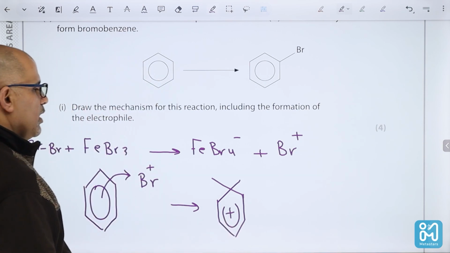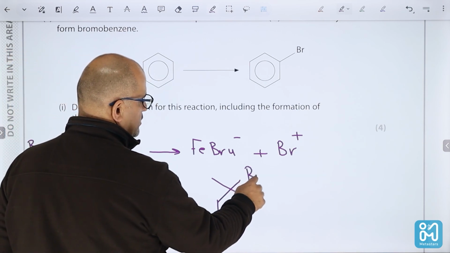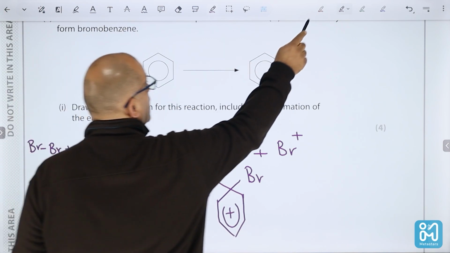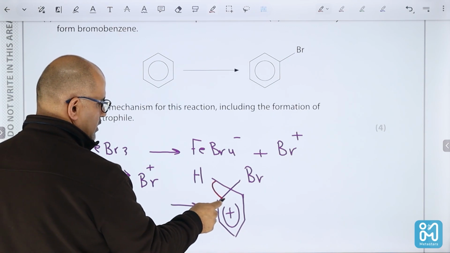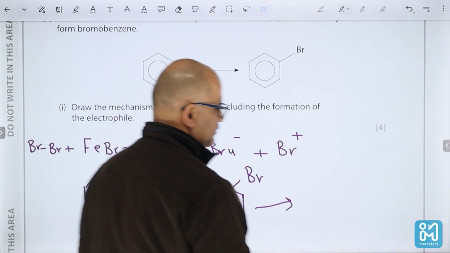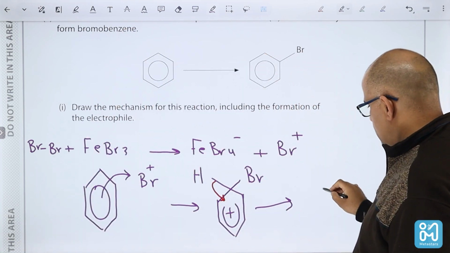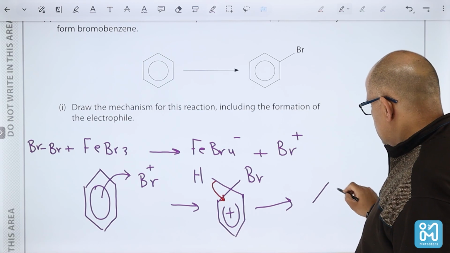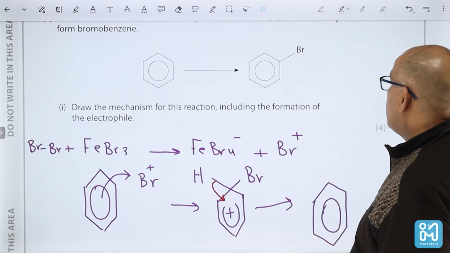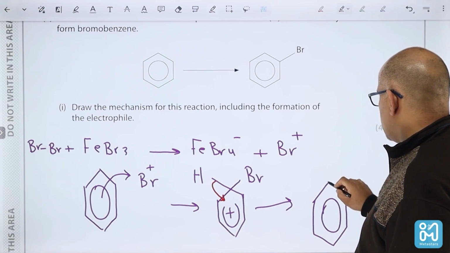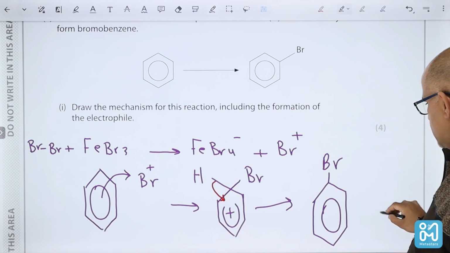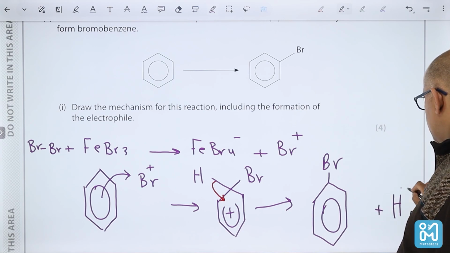Part of the ring was placed, and here we have it. Now there is an arrow there which returns you back to the ring. Complete ring now, where Br is formed, plus H plus.